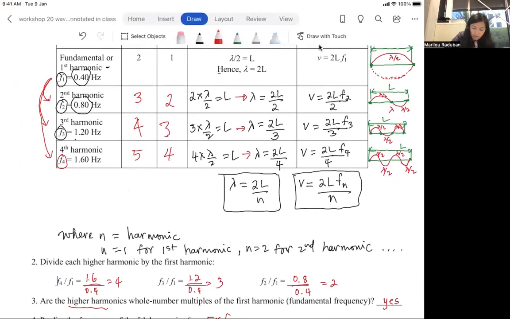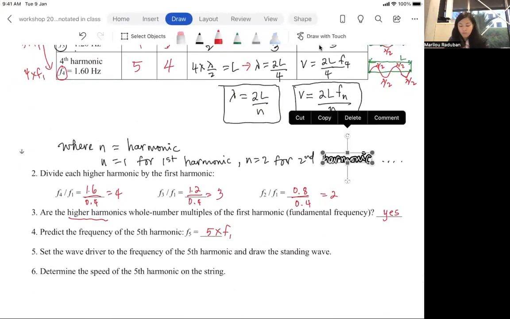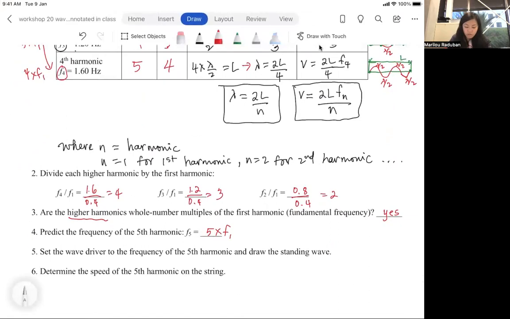Second harmonic is 2 times the fundamental, third harmonic 3 times, fourth harmonic 4 times, so the fifth harmonic should therefore be 5 times the fundamental, which is 5 times 0.4, giving you 2 hertz.